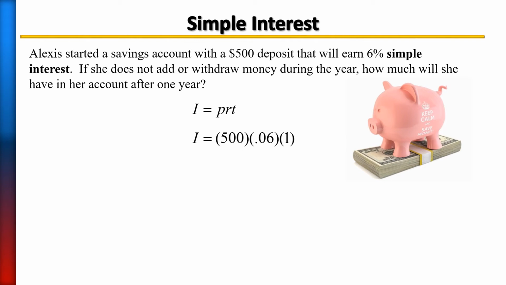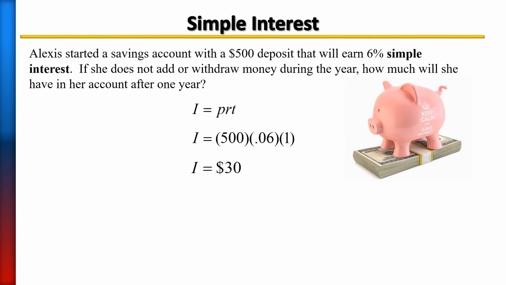So what did you get for the interest? What you should have gotten is $30. So leaving the money in the account for a whole year will generate $30 interest. To find out how much she's going to have in her account after 1 year, remember she already has 500 that she initially deposited a year ago.